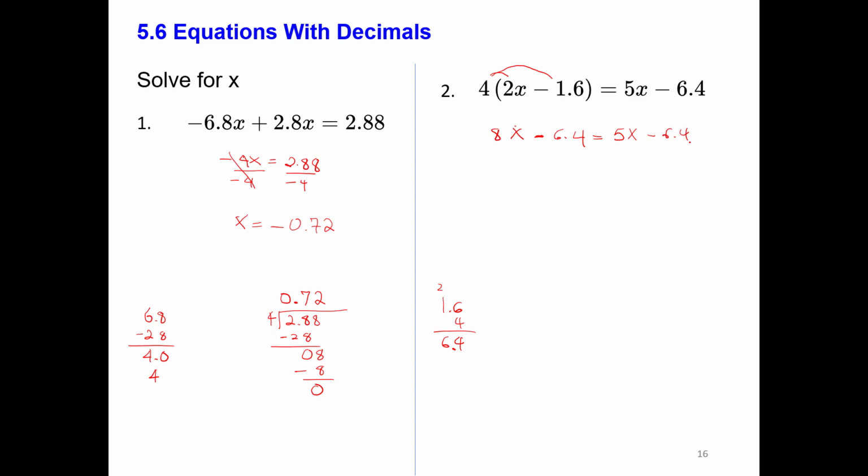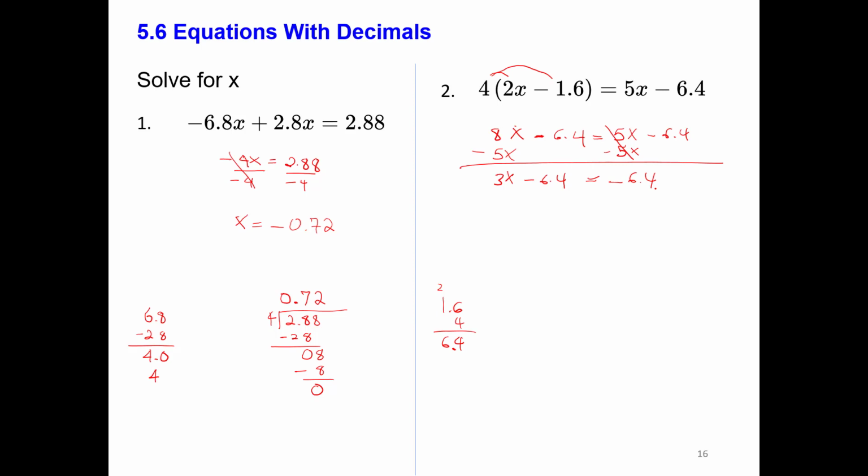The next thing we have to do is try to get all the x on one side. To get all the x on one side, we subtract 5x here, and we do the same on the other side. Then 8 minus 5 is 3, positive 3x. Let's cancel out negative 6.4.